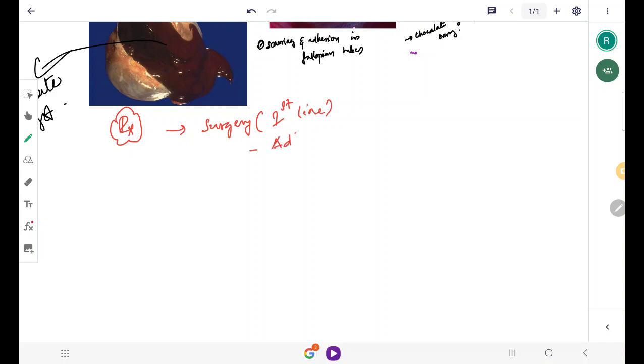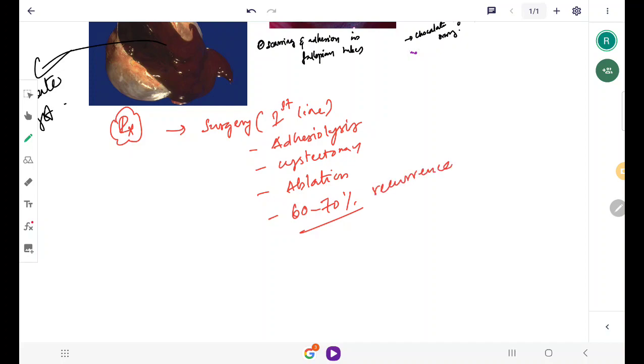You can do adhesiolysis in case of adhesions. You do cystectomy for the chocolate cyst of ovary, and you do ablation for the deposits and the fulguration of deposits. And there is a chance of 60 to 70% recurrence even after surgery. And other options could be hysterectomy, removal of uterus.